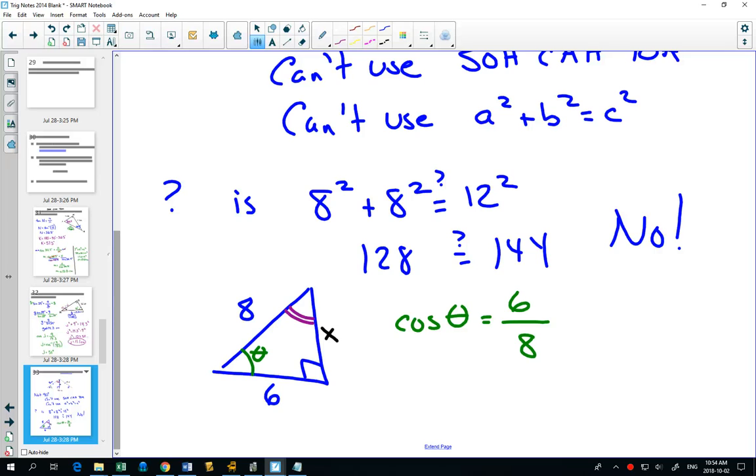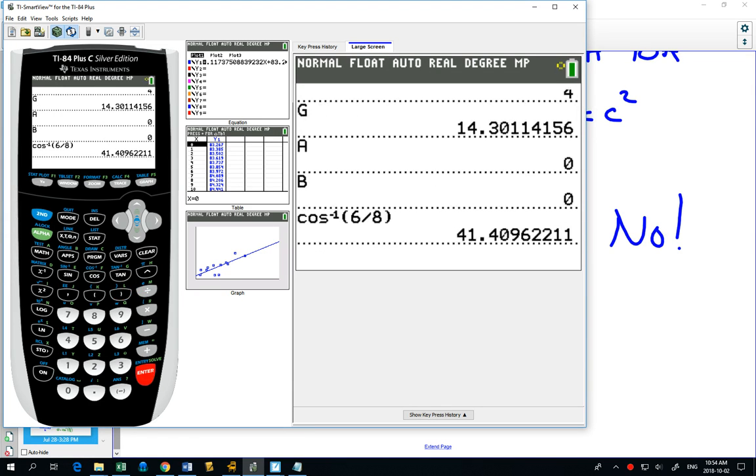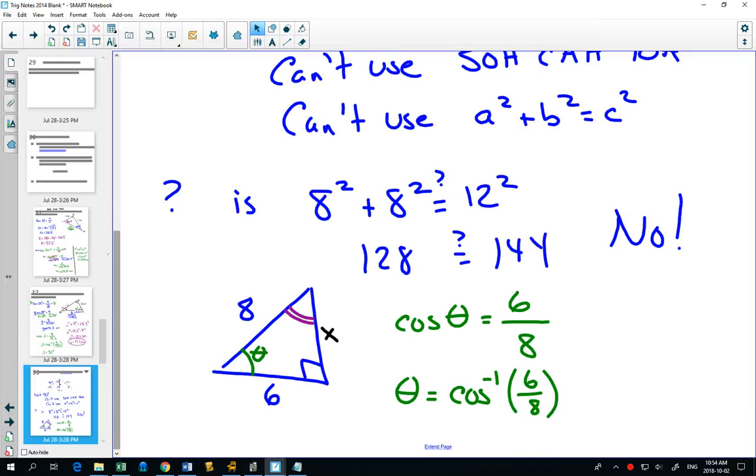How do I get rid of the cos out in front? Take the cos inverse of both sides. Go to my calculator. Cos inverse of 6 divided by 8, 41.4 degrees.